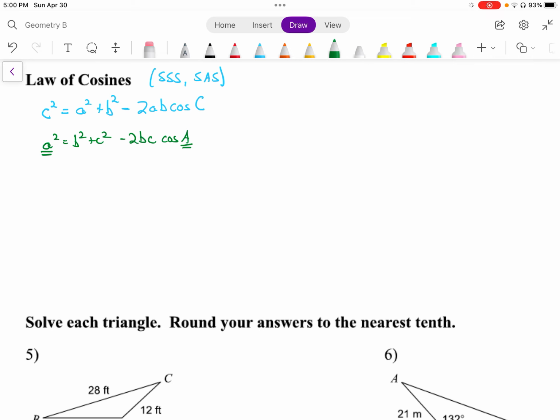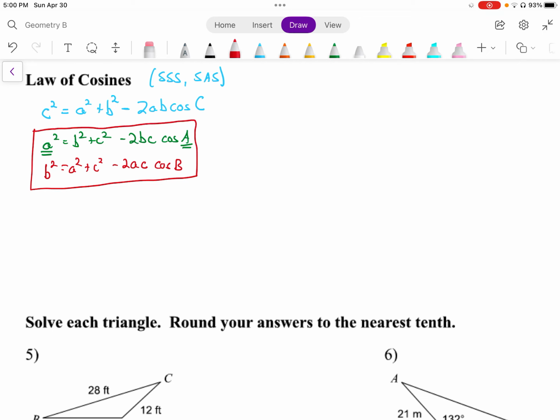And you might be able to figure out what the last variation of this is. b squared equals side a squared plus side c squared minus 2ac cosine of B. So again, these are just two other variations that are pretty easy to figure out as long as you know the first one.